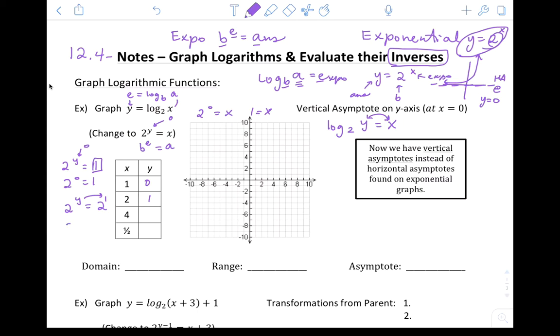Now what about when x is 4? Well, 2 squared is 4, so y must be 2. And here's another one. What about when x is 1/2? How do you send a base across the line and change its sign? Well, obviously not a sign change, but I meant for the exponent.